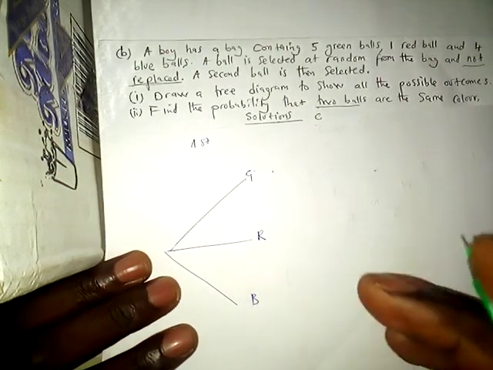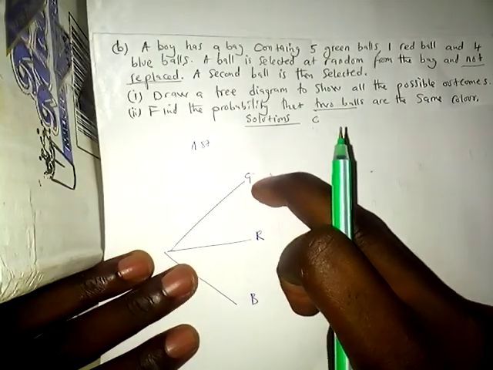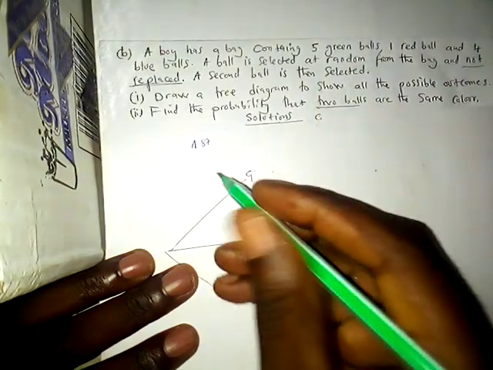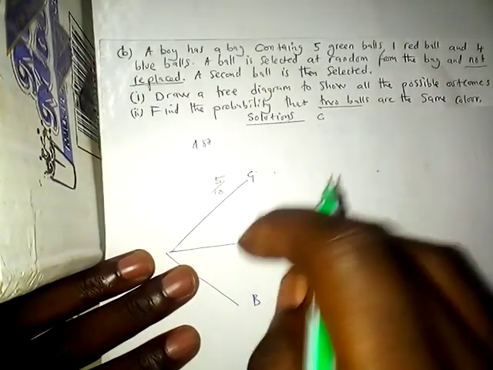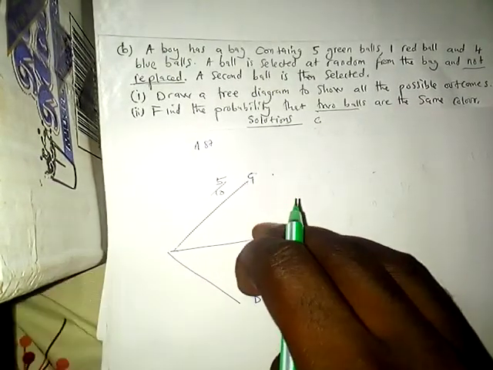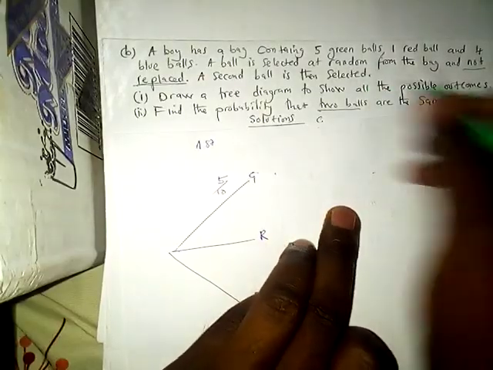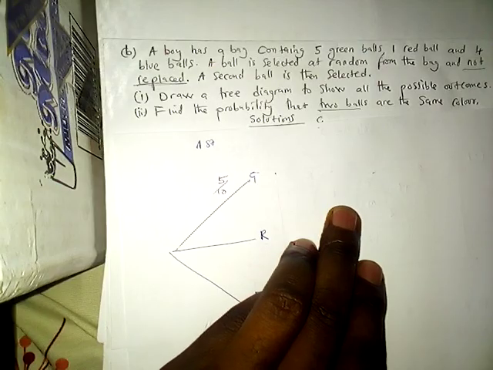So considering the green balls, the probability of selecting green balls will be 5/10. Why 5/10? Because the total sample space will be the sum of all the green plus red and blue balls that are in the bag.